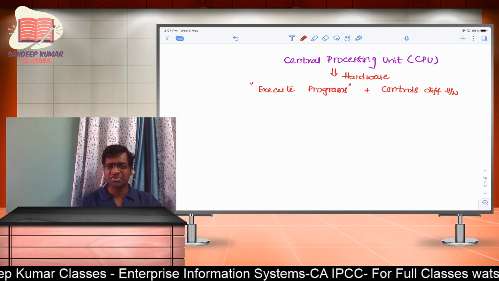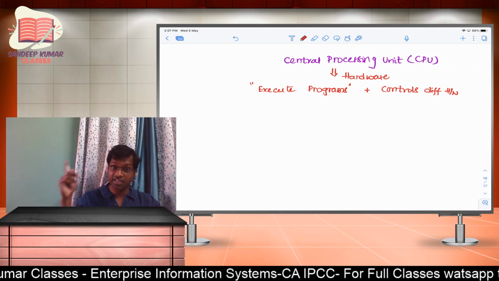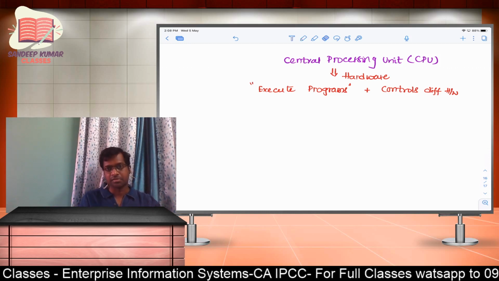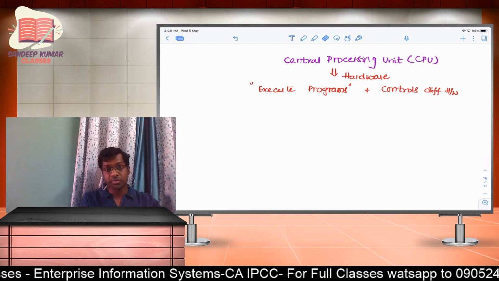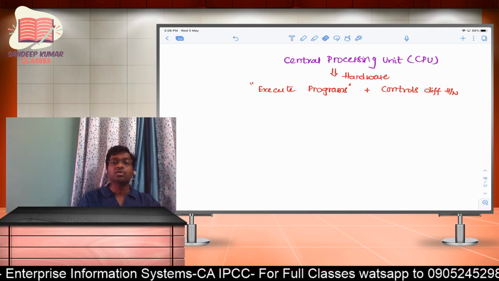So what is execution? In order to perform an action, the brain gives the instruction to the legs so that they perform that particular action. The same way, a central processing unit also executes certain programs or instructions in order to control the hardware.